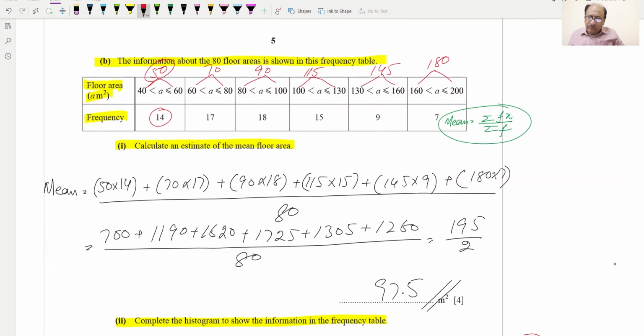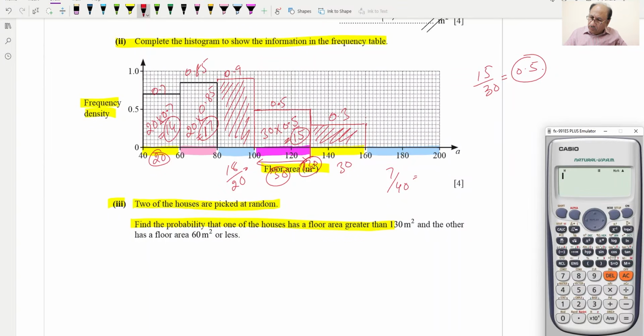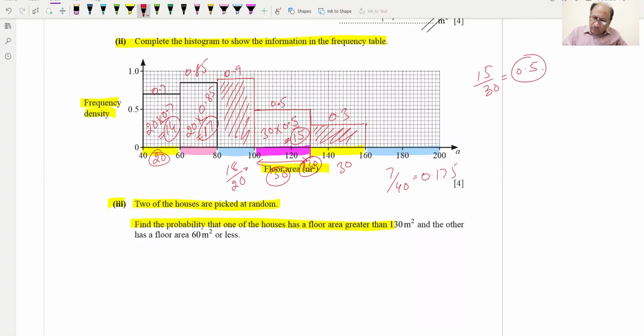Then 160 to 200 is 7. 160 to 200 is this one, and this is 7. So 7 divided by 40 is equal to 0.175.